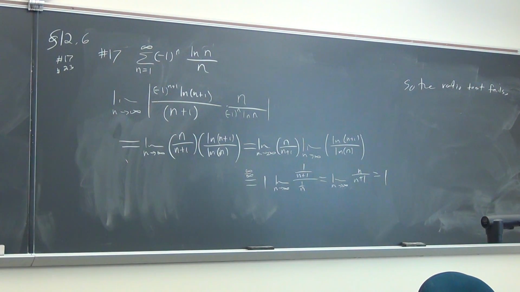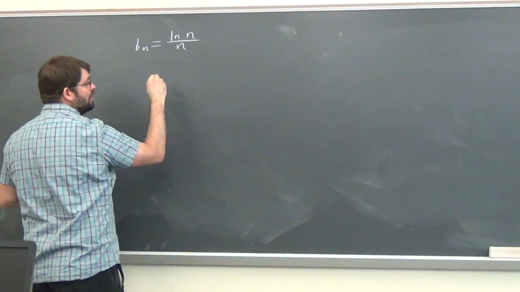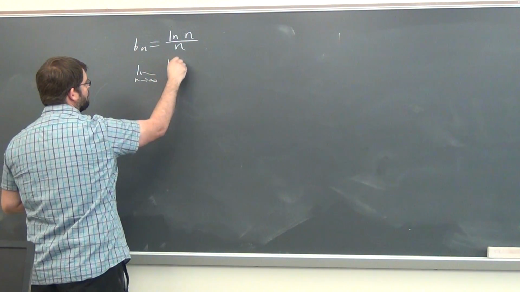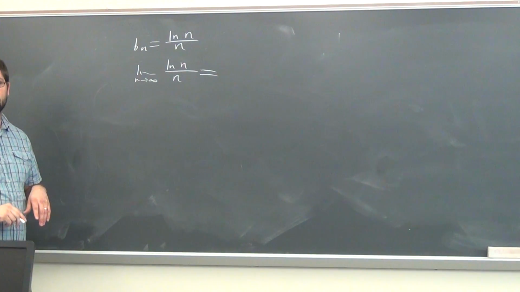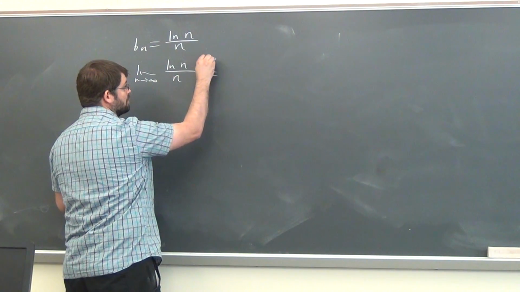And so we're going to use the alternating series test again. So we just write out b sub n, log n over n. So what's this limit? I guess I didn't really even need to call it b sub n, but that limit is 0.